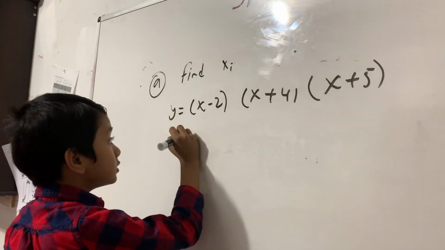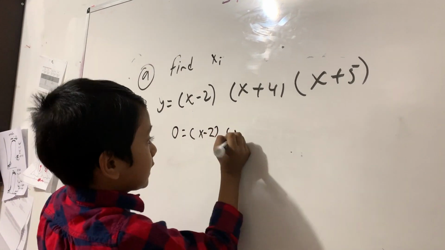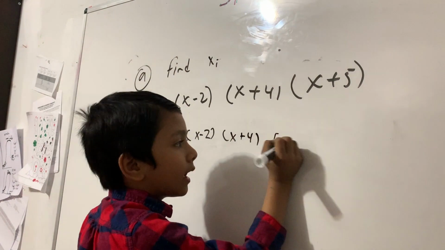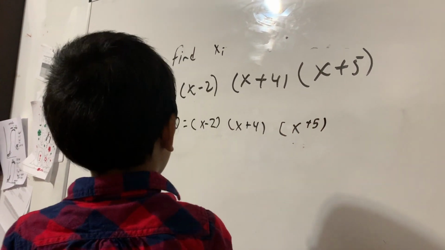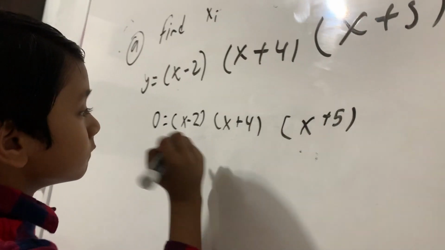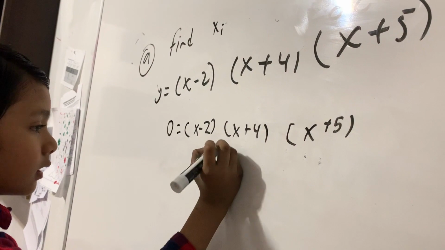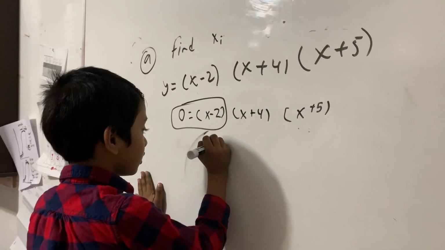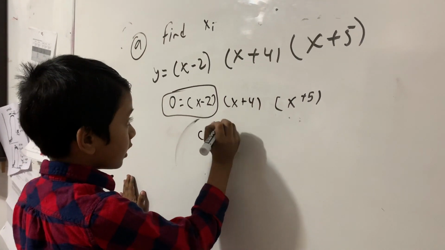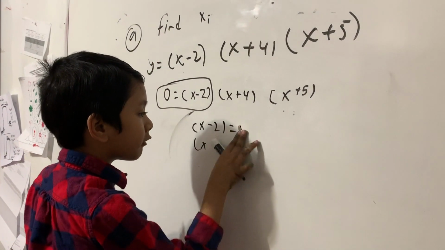So y is 0, so that means 0 equals x minus 2, x plus 4, and x plus 5. So we could simplify this into these 3 equations.